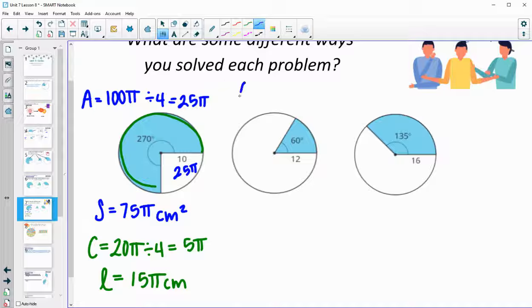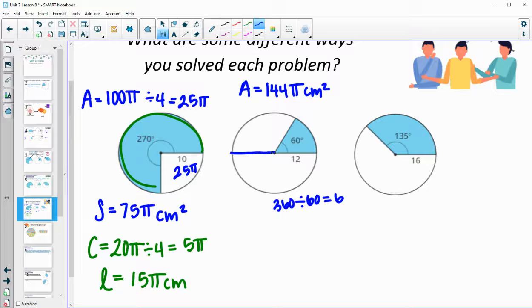So then this next one, our area of this would be 12 squared, which is 144 pi, and then centimeters squared for that total area. So thinking about how many times this slice would fit in? Maybe you said 360 divided into 60-degree chunks gives us 6 slices.